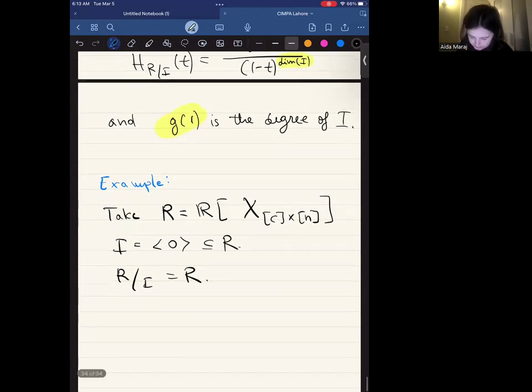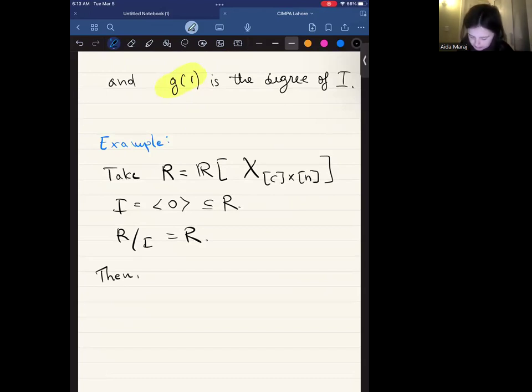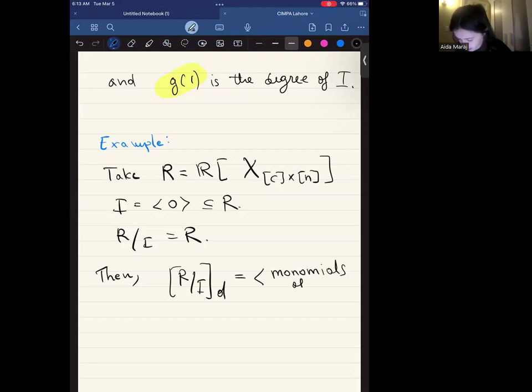So then what we have here is that R mod I in degree D is generated by all monomials of degree D in R. How many monomials are of degree D in R?